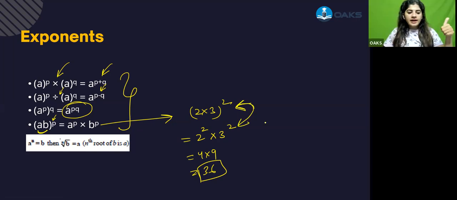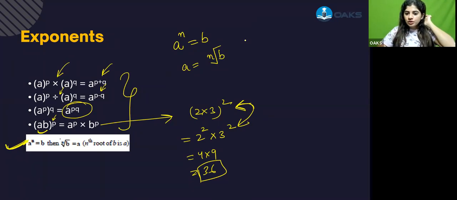Great. Moving ahead. Now, a raised to power n is equal to b. What that means is a will be equal to the nth root of b. Like we used to write regarding squares, right?